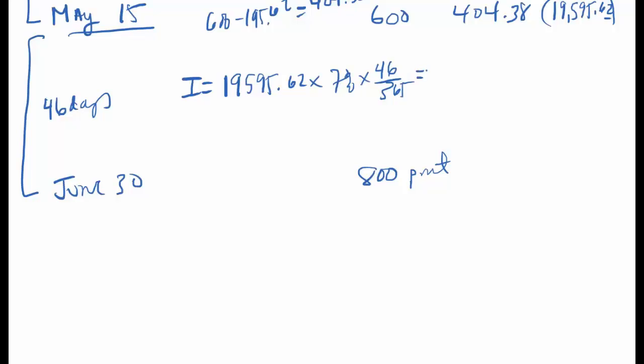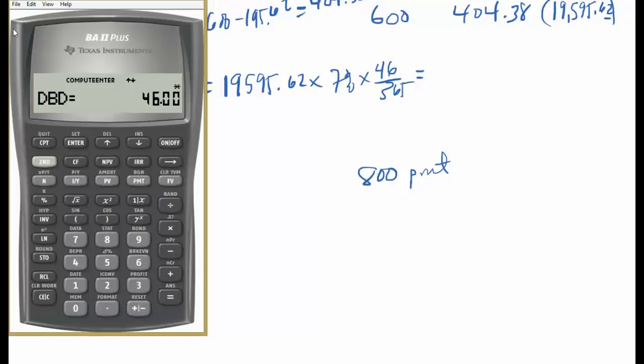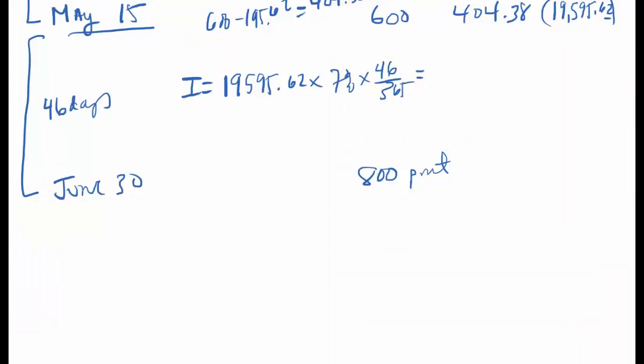Using the calculator, 19,595.62 times 7% times 46 divided by 365 is $172.87, which is the amount of interest from May 15th to June 30th.